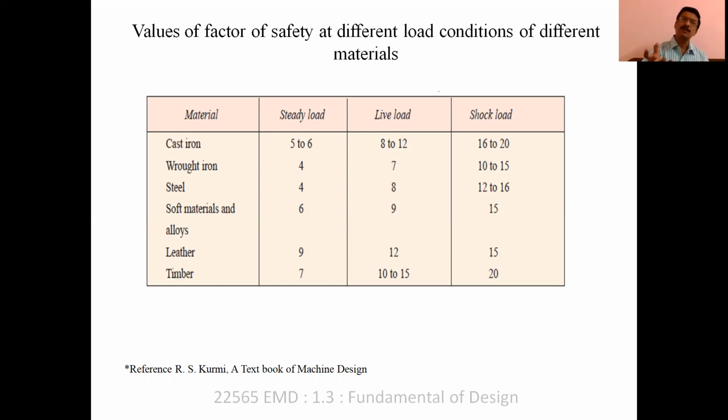Why? Because steel is more reliable, steel has somewhat uniform properties, and it has good strength. So that's why the factor of safety we consider is lesser than for timber. So this completes our topic of factor of safety. It can be asked for 4 to 6 marks.